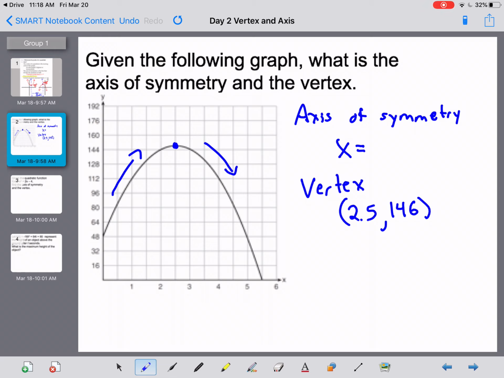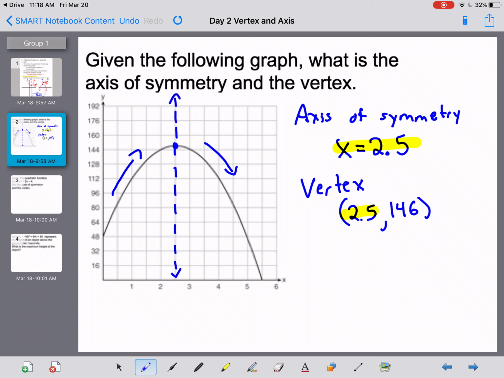Now my axis of symmetry always cuts directly through my vertex. So this would be my axis of symmetry. So my axis of symmetry would be x equals 2.5. So if you notice, whatever the x value is for the vertex, that's always going to be the number that represents your axis of symmetry.